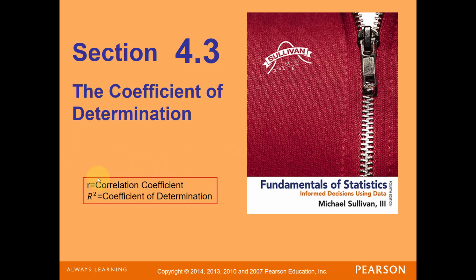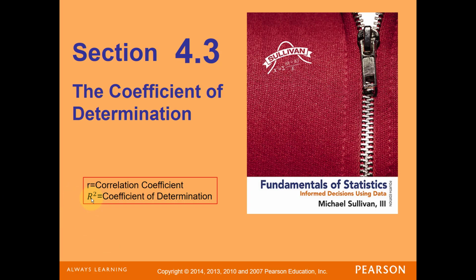They both measure the strength of the linear relationship, but they do it in a different way. Little r gives us a positive or negative value, which tells us whether we have a positive or negative association, aside from giving us a number that measures the strength of the linear relationship. Capital R squared gives us something else. It doesn't give us the plus or minus.